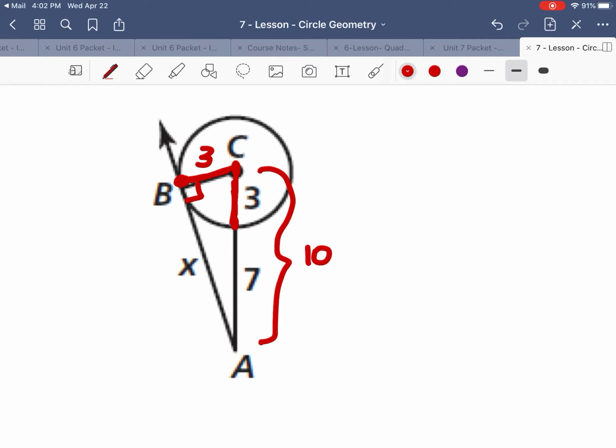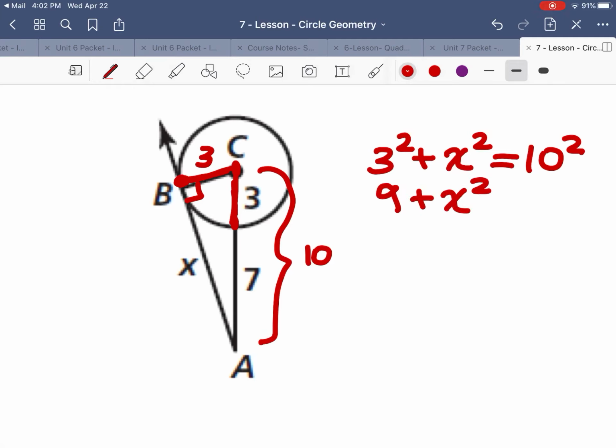This sum here is going to be equal to 10. And now I'm looking at a Pythagorean relationship. 3 squared plus x squared is going to be equal to 10 squared. So 9 plus x squared equals 100, subtract it off, x squared is 91.